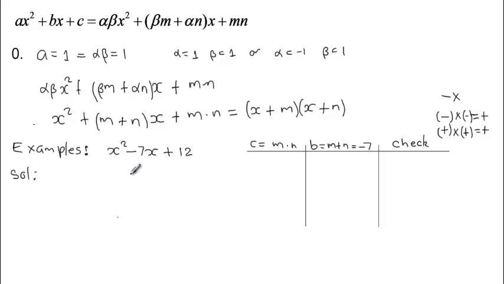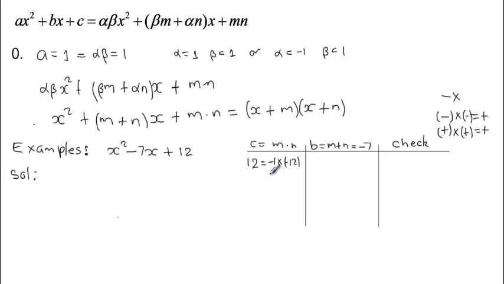Okay, our second example, a similar one, is x squared minus 7x plus 12. So in this case, our c is 12 and our b is minus 7. Now we need to break down 12 into its factors, which are minus 1 times minus 12. We've talked already about these signs.